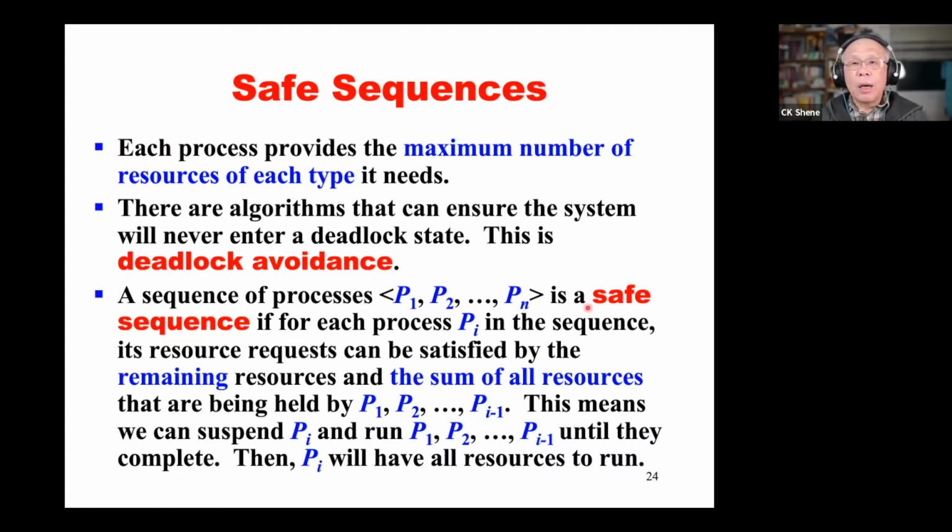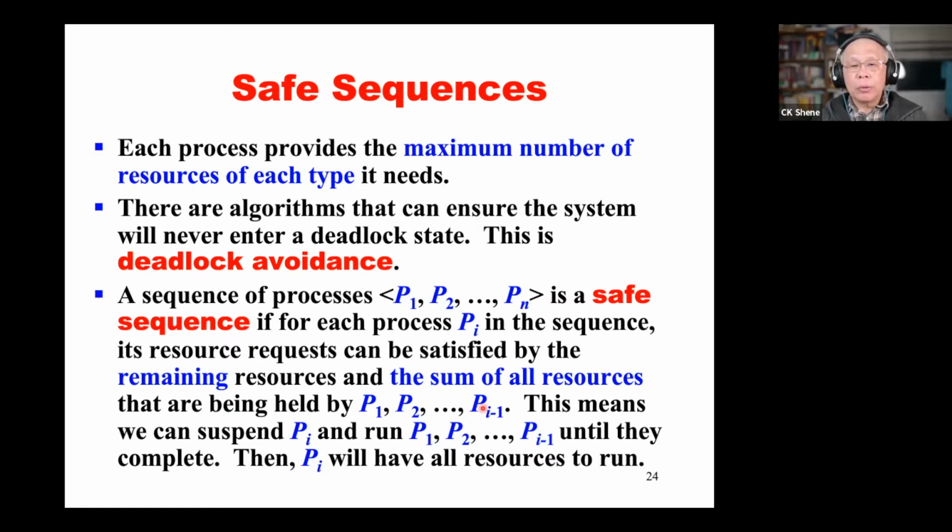So let's define the concept of a safe sequence. A sequence of processes, P1, P2 to Pn, is a safe sequence in this order. Formally, it means for each process i in the sequence, its resource requests can be satisfied by the remaining resource currently available and the sum of all resources that are being held by P1, P2, up to Pi-1.